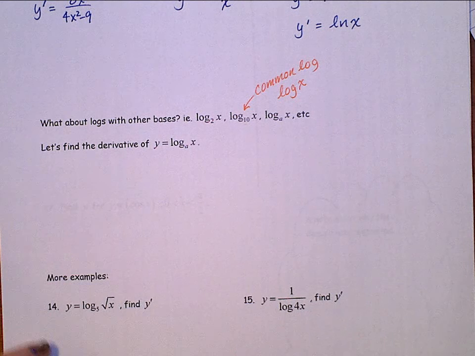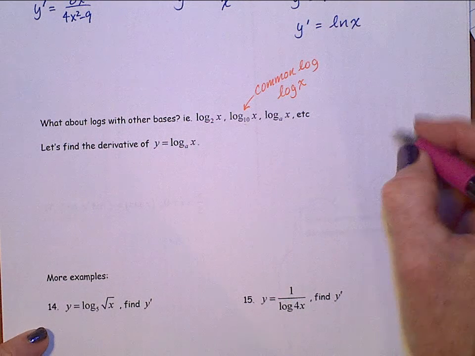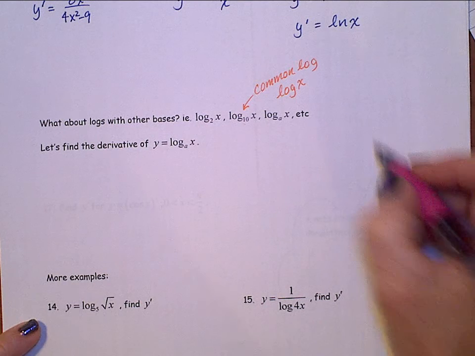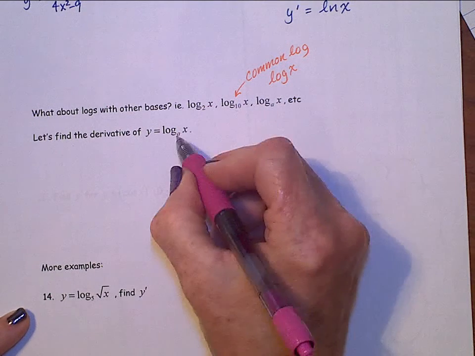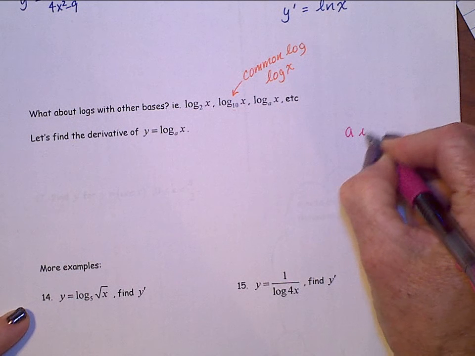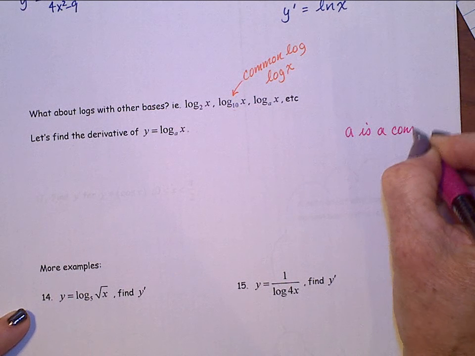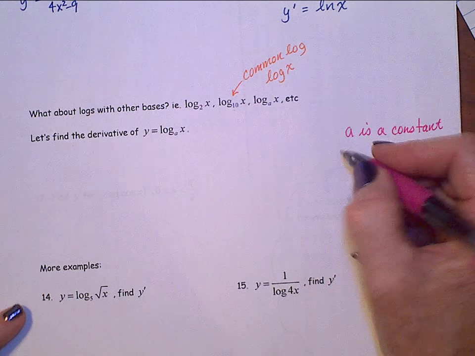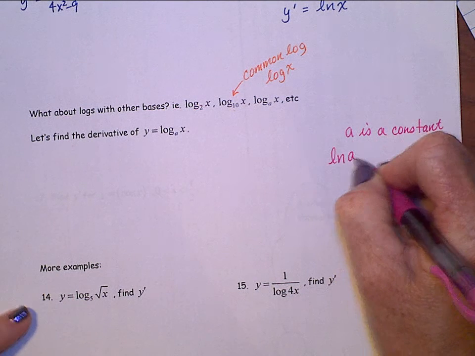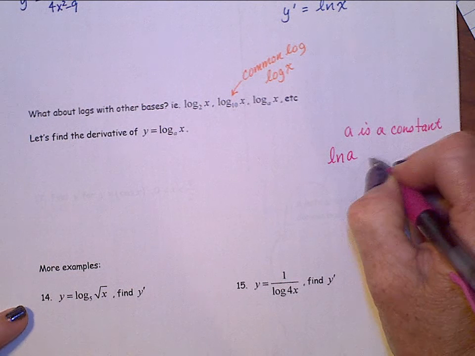We're going to find the derivative of log base a of x. But first, I want to just kind of notate something here so that we can use it in a couple of minutes. Would you agree with me, or I'm telling you, a is a constant? If a is a constant, then ln a, the natural log of a, is also a constant.